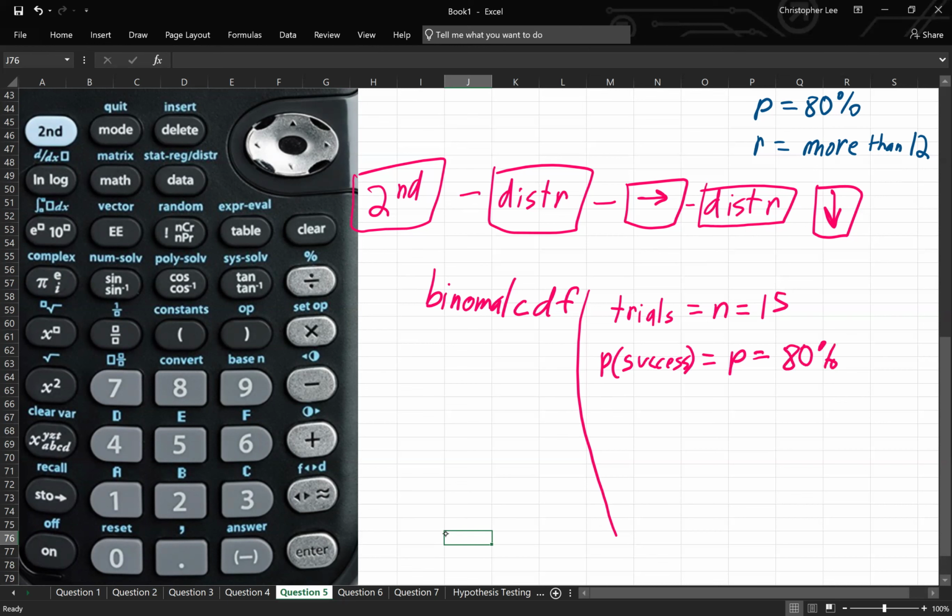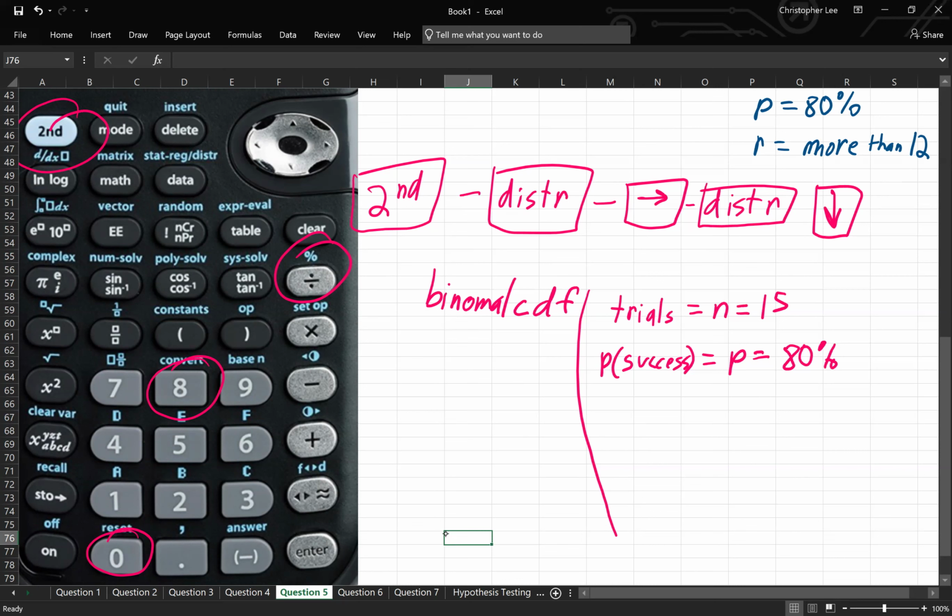Here's how you write 80% in the calculator: when you're at success, hit 8, hit 0, then hit second, and then the percentage sign right here, which is a division sign. That's how you write 80%. If you don't want to do that, give me 0.8, and that'll work as well.